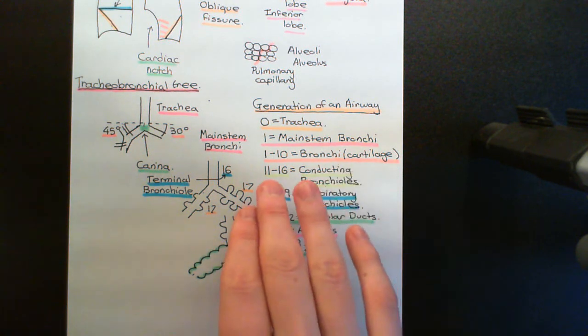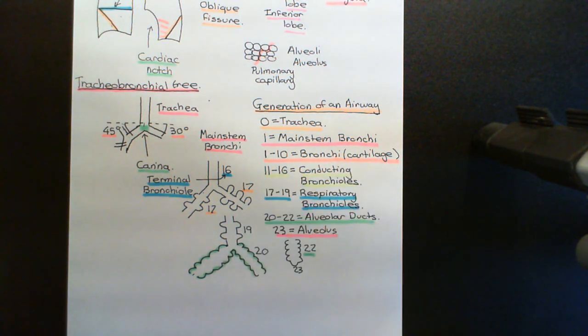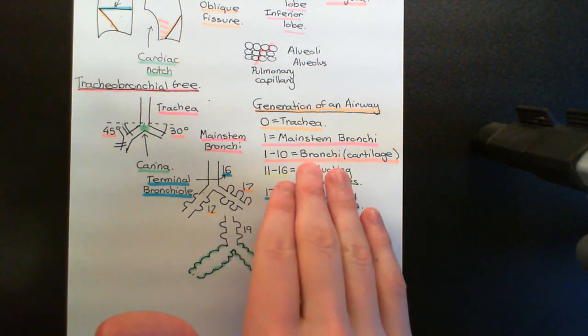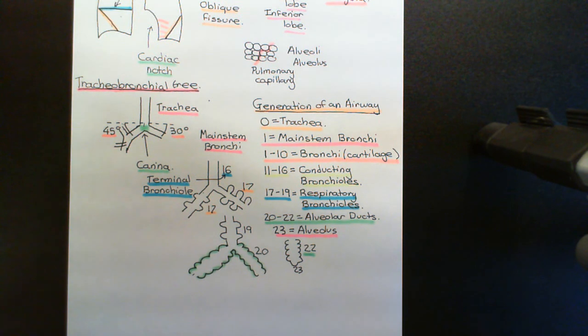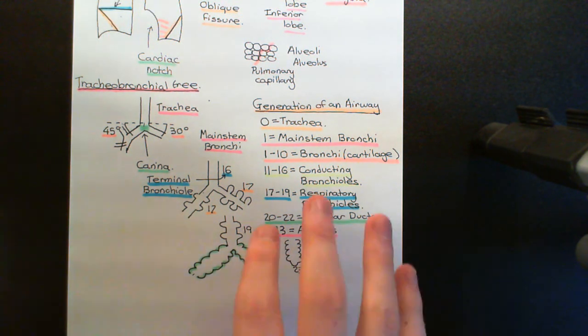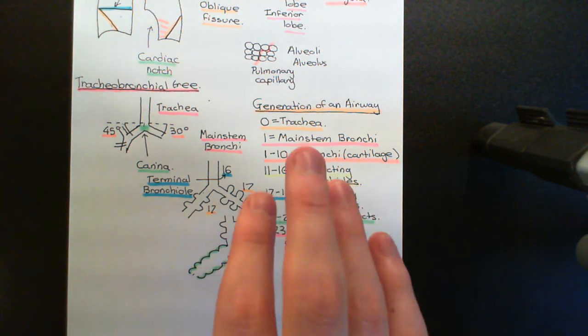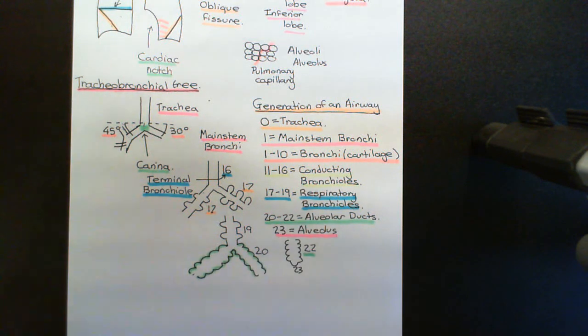So, as I said earlier, you could most likely find in your lungs a generation 11 airway which would be classified as a bronchus rather than a conducting bronchiole, because it had the cartilage present. So these aren't exact rules that you can apply, but it is a nice model that helps you make sense of the structure of the lungs in your head.